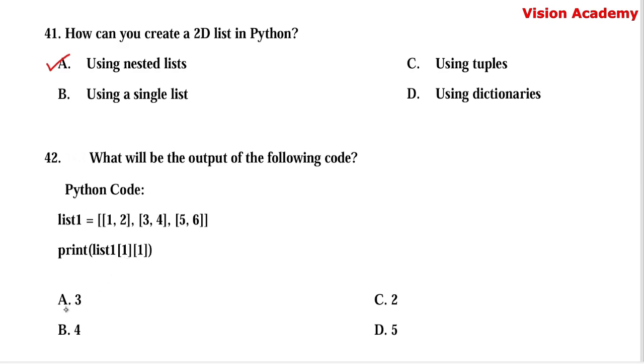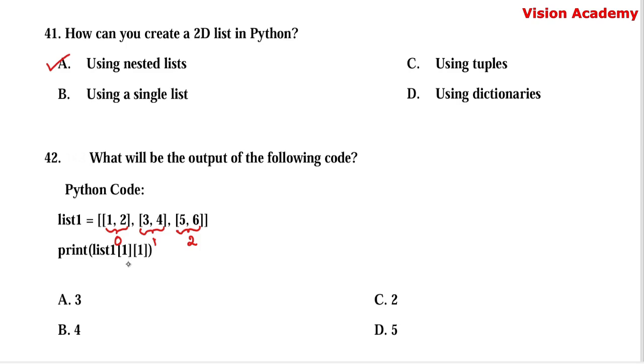So here the options are A 3, B 4, C 2, D 5. Here you can observe we have got a nested list. This particular list [1, 2] is a nested list, and [3, 4] is another nested list, and [5, 6] is a nested list. So this index is called 0, and index number 1 and index number 2.